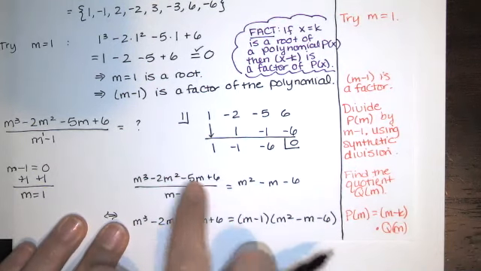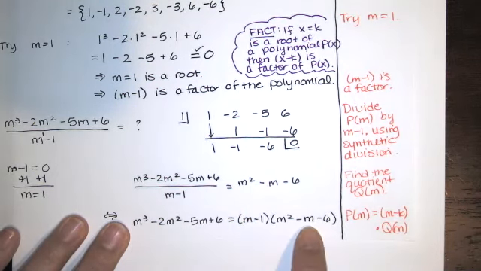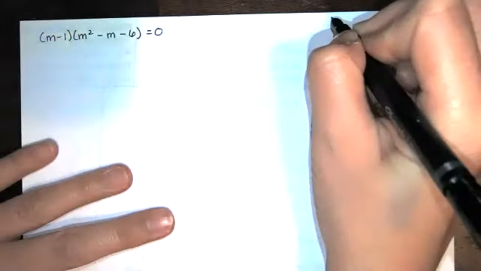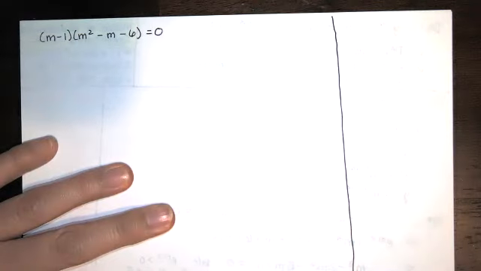I'm just taking this equation and I'm multiplying both sides by that divisor to get this. Okay. So we had m minus 1 times m squared minus m minus 6 equals 0. And we're still factoring.